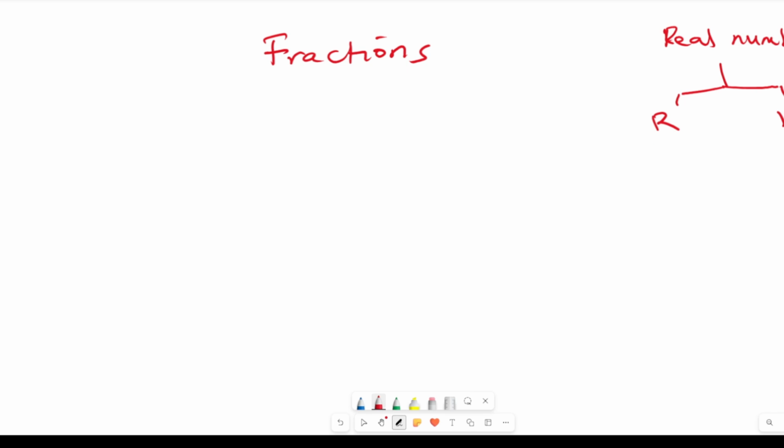And we said that the rational numbers are numbers that can be expressed as fractions.